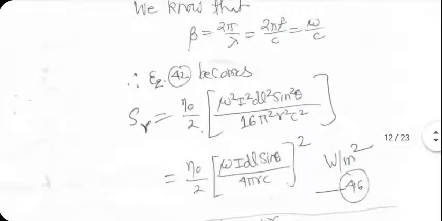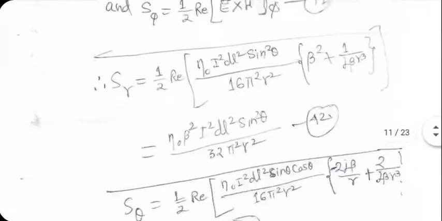Eta naught divided by 2, which means 60 pi for air, and then you have something within the brackets which is squared: omega I dl sine theta divided by 4 pi r c. c is the speed of light. For non-air or non-free space medium, take these formulas with appropriate modifications. Don't jump to equation 46 if you have a non-air medium. You'll have to go back to the equation in the beginning and appropriately modify things.